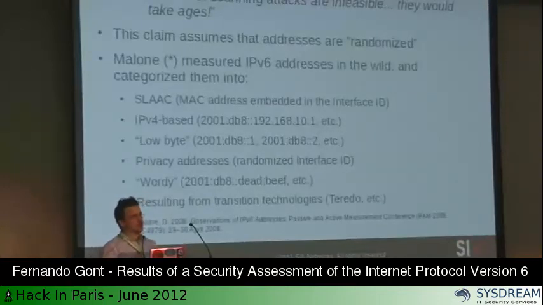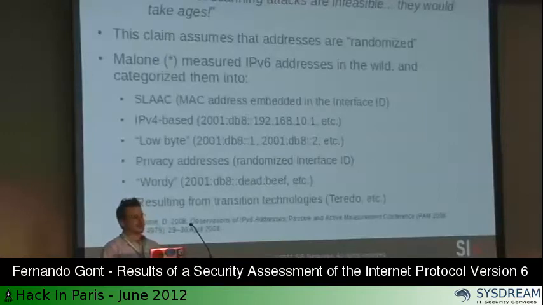And usually the reasoning with which these people come up with those big numbers is that they assume that the interface ID is randomized. So if you think of interface IDs as being 64 bits long, and you assume that the attacker would have to try every possible address in that subnet, then in those cases, yes, it would take ages for a host scanning attack to be performed.